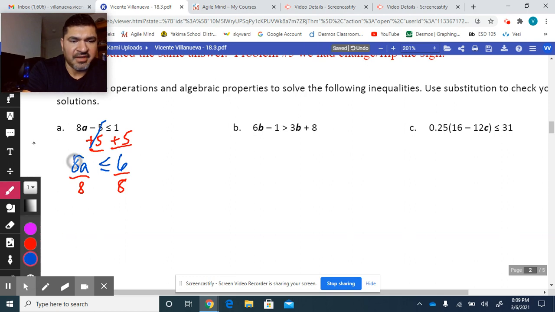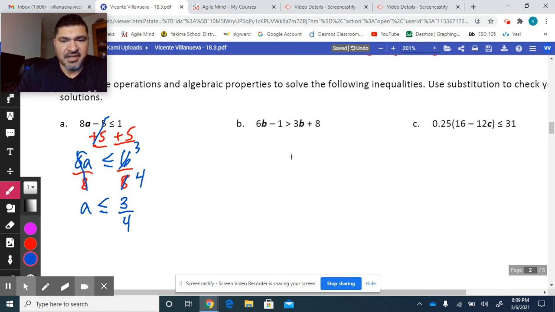Okay, 8 divided by 8 is 1. 1 times a is less than or equal to 6 over 8. Now I can reduce this. I can divide the top by 2, which is going to be 3, and the bottom by 2 as well, which is 4. So my final answer is a is less than or equal to 3/4.